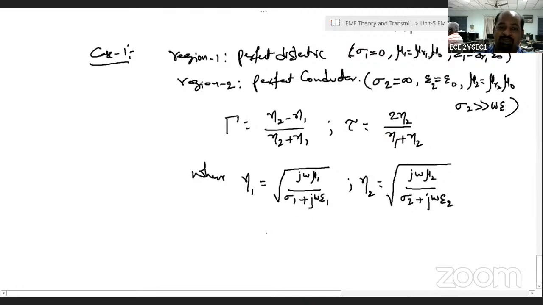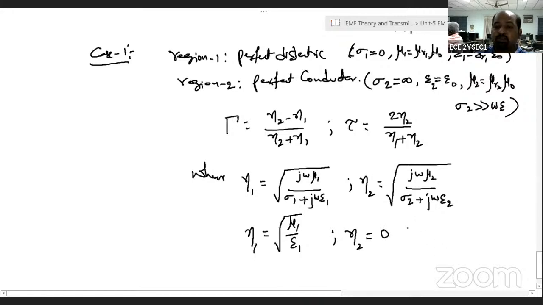Now substitute the characteristics here. So eta 1 is equal to what will we get? Root over mu 1 by epsilon 1, and eta 2 is equal to 0.